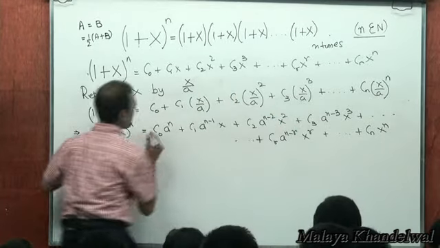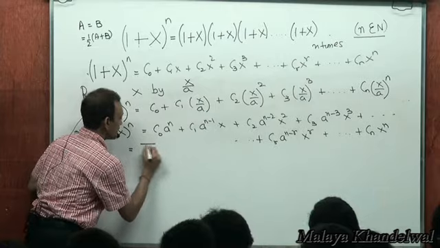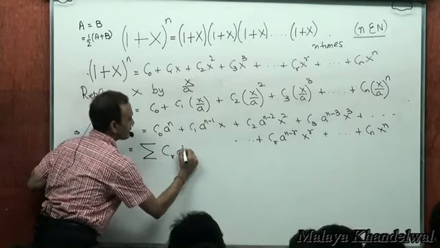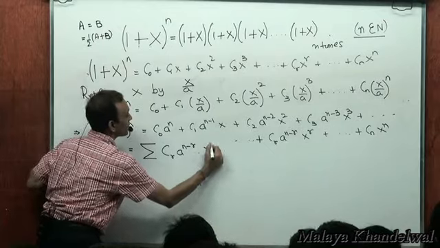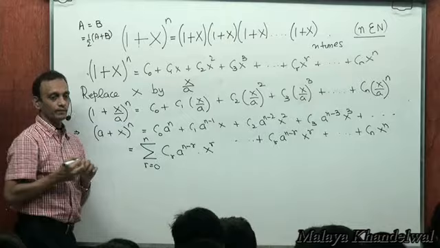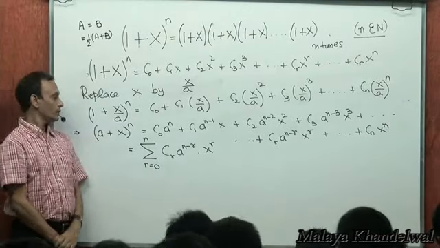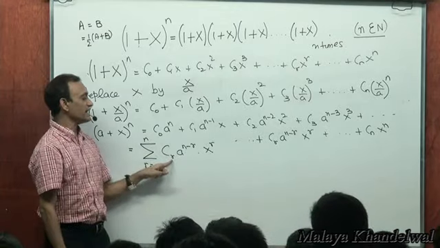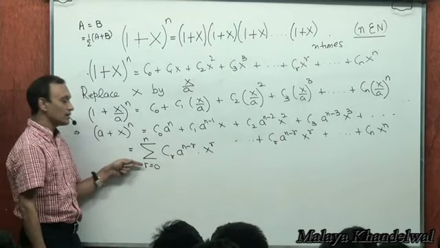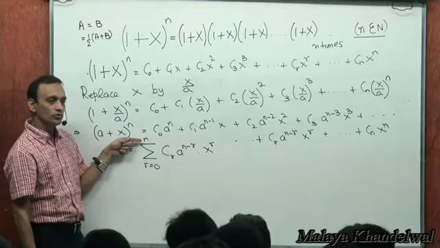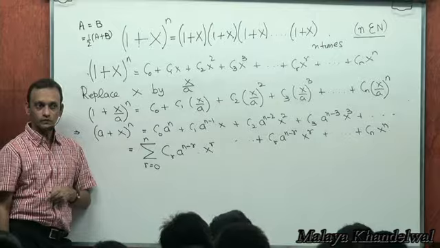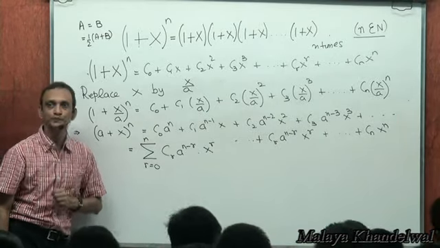This is in summation notation represented as summation Cr a to power n minus r x power r, r equal to 0 all the way to n. a plus x to power n is summation nCr a to power n minus r x power r, r runs from 0 all the way to n. Clear? Sounds good?